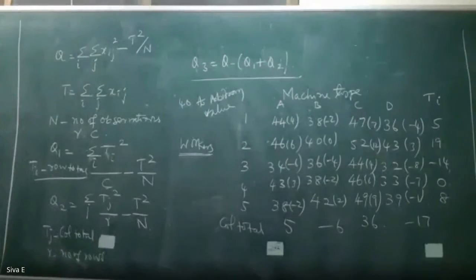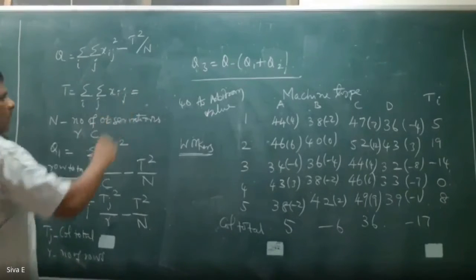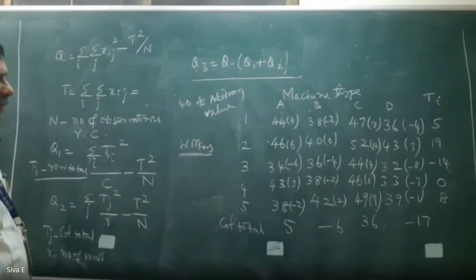So what is T here? T is either the row total or column total. We have to add all the values.